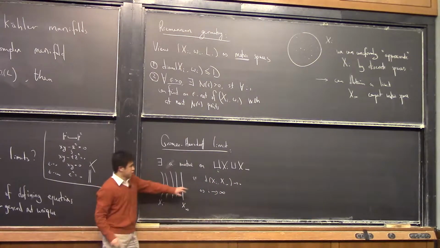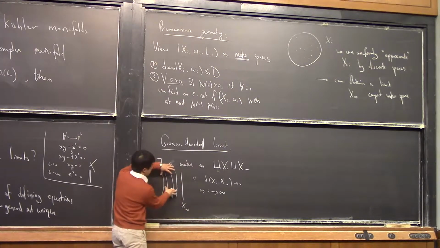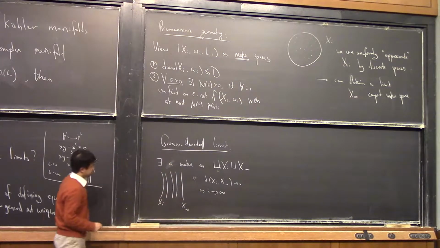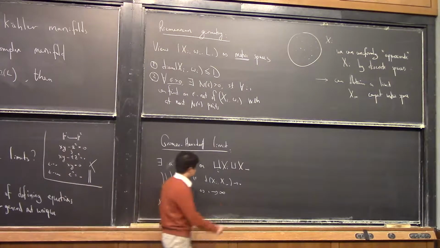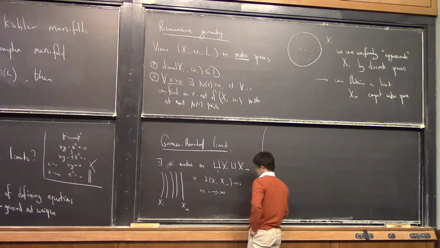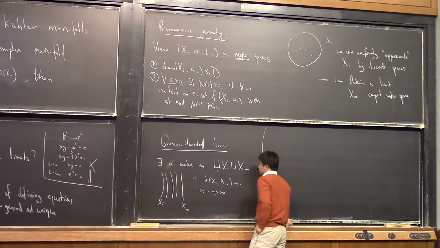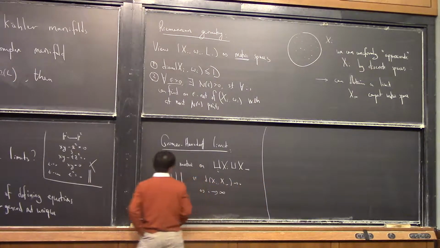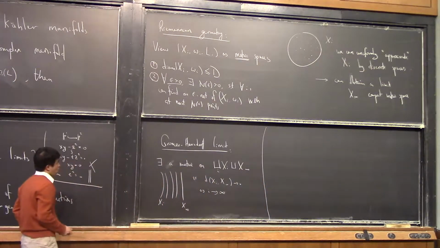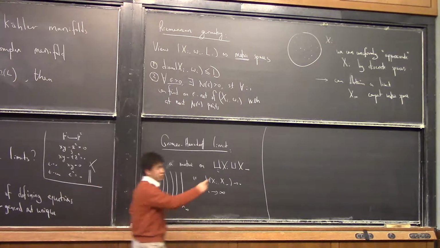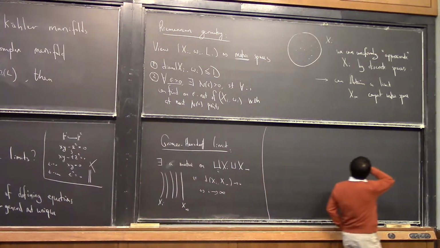This is the distance between these two compact sets in this metric space. A priori, this X infinity is only a metric space.